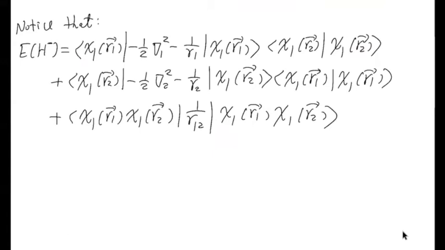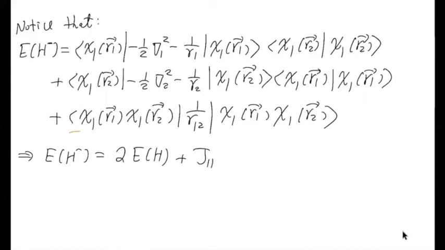Two electrons, but 1 proton. This is the energy expression, right? And the trial function, of course, is chi1 R1 times chi1 R2. Okay. And therefore, the energy of hydride is equal to 2 times the energy of hydrogen plus J11, right?